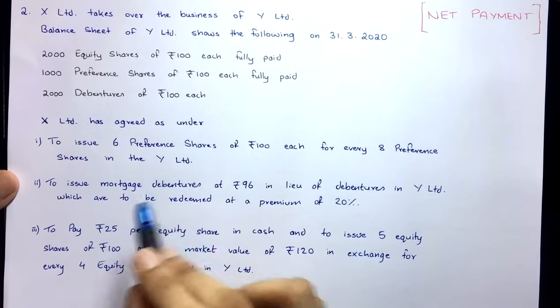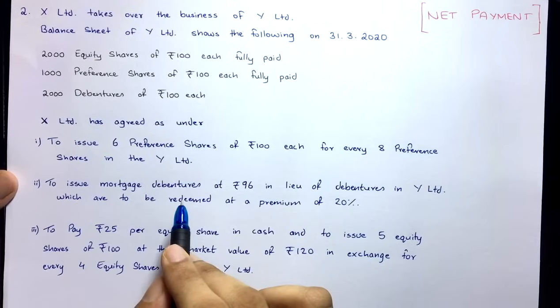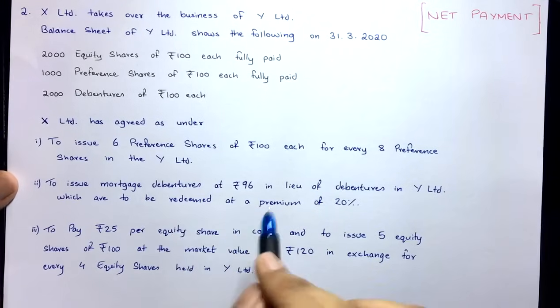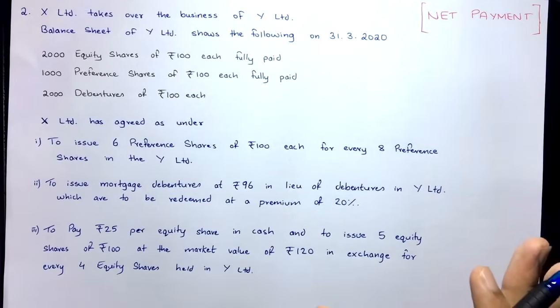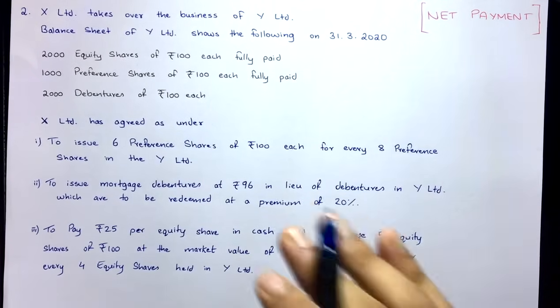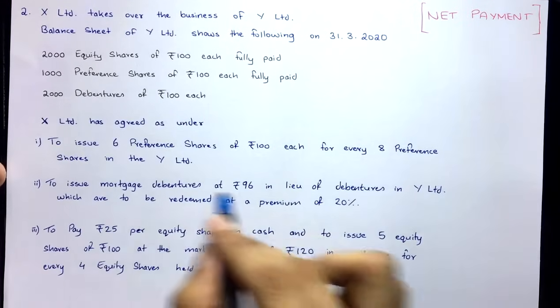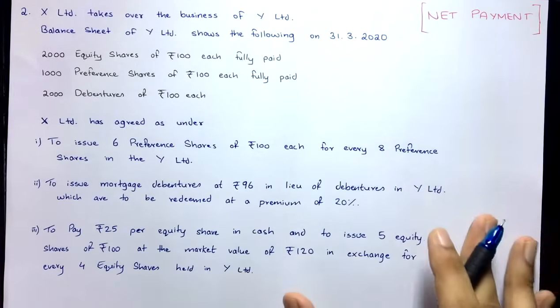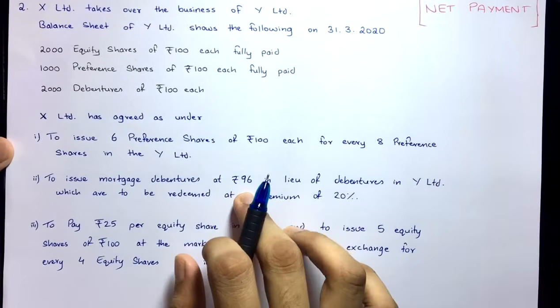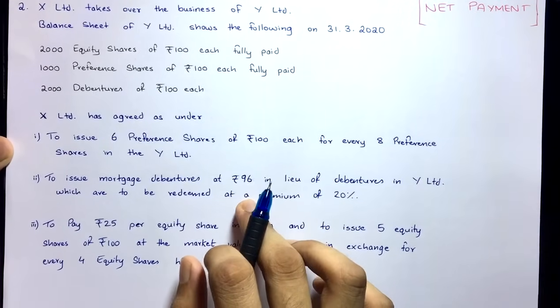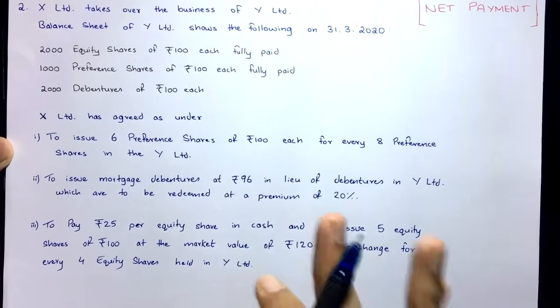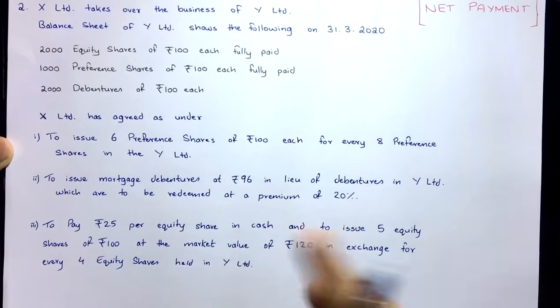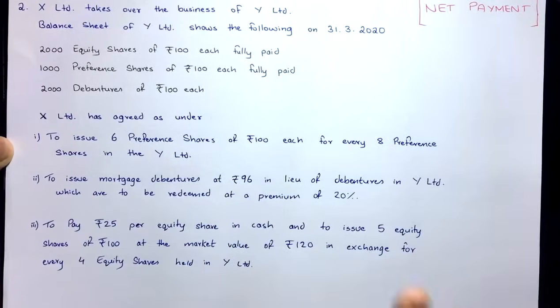Are the debenture holders owners of the company? No, they are third party, outsider liability. So this second point we have to ignore entirely. We don't consider the payment given to debenture holders because they are not the owners of the company.